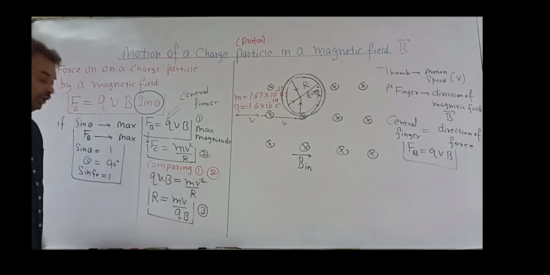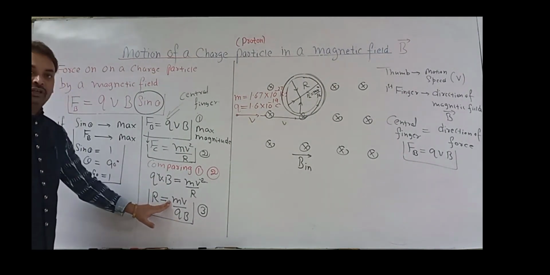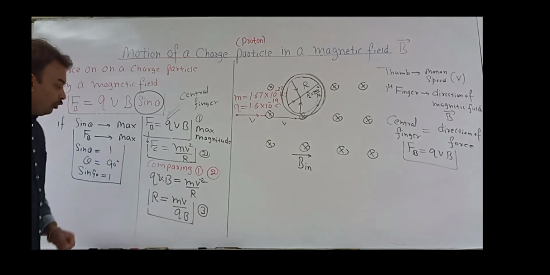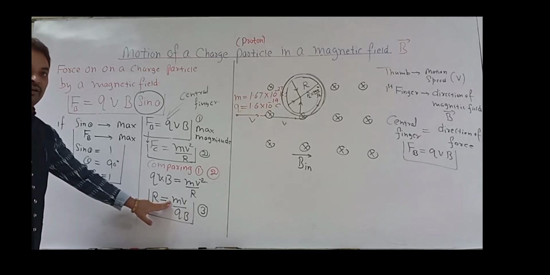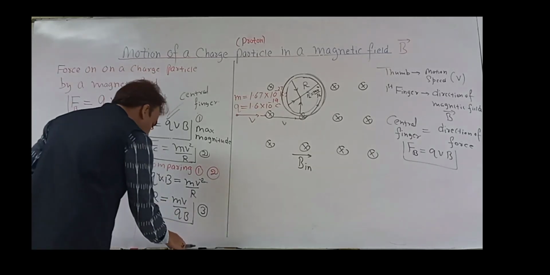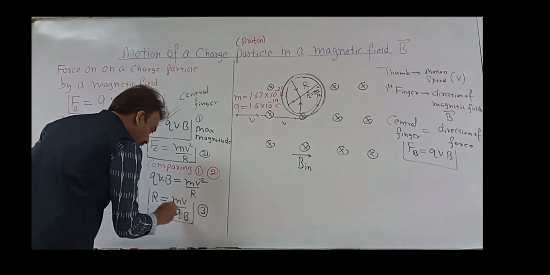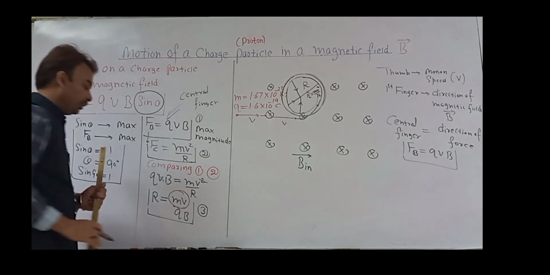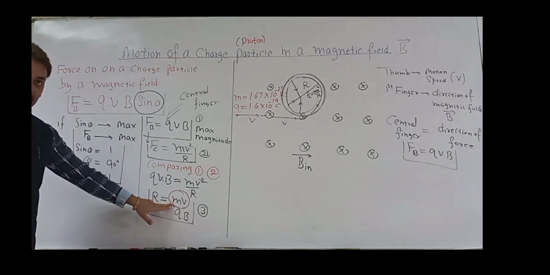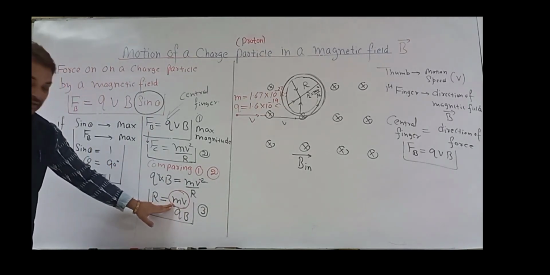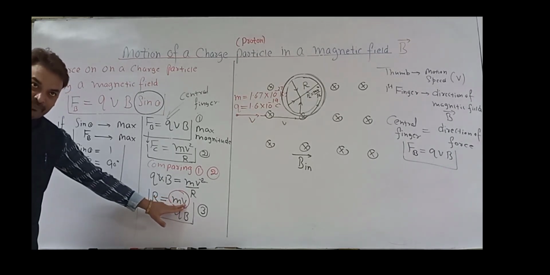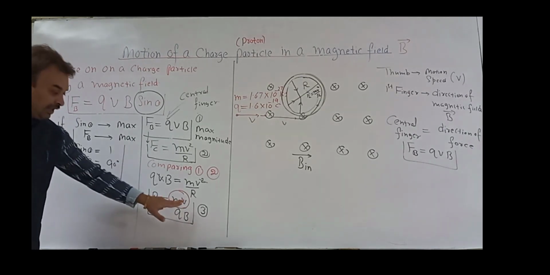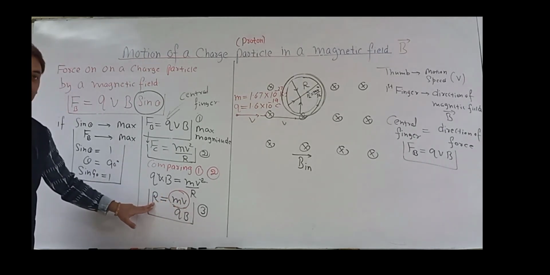Now from equation 3, we have m into v in the numerator and q into B in the denominator. If we focus on the numerator, m into v, massive particles with a very high speed increase the radius, right?